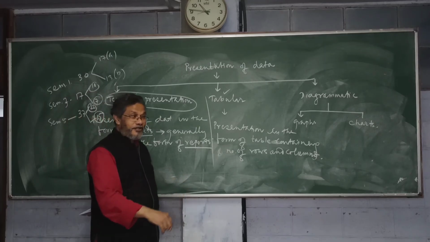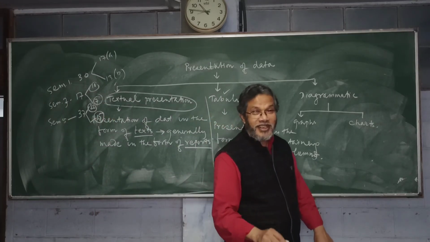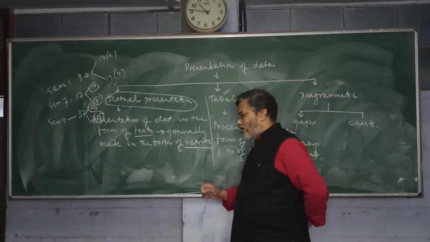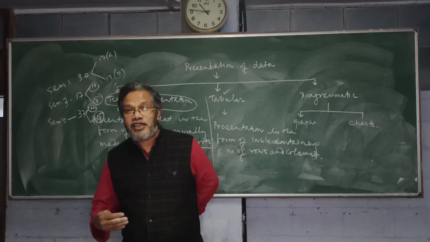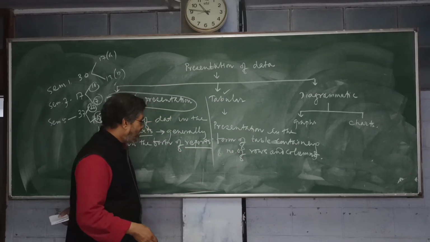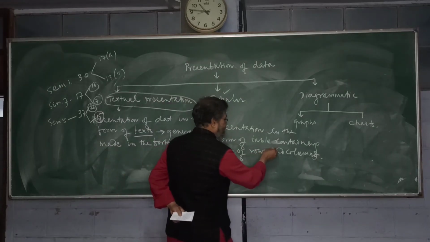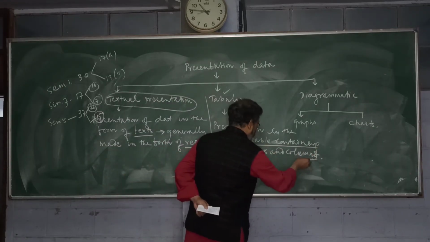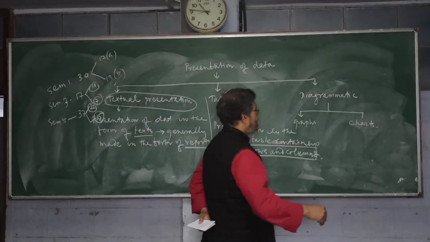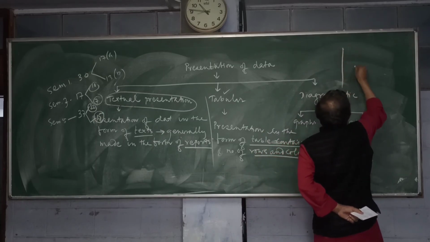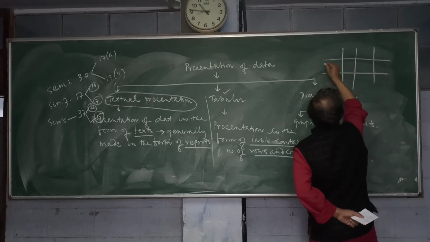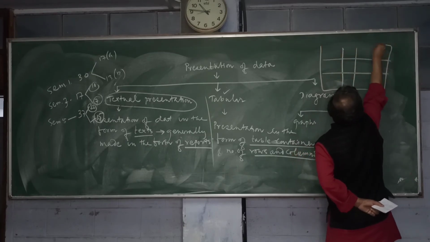This is not a table where we write or dine, where we take our food, not a high bench, not a desk. I'll show. Table means like this: a number of rows and columns like this.